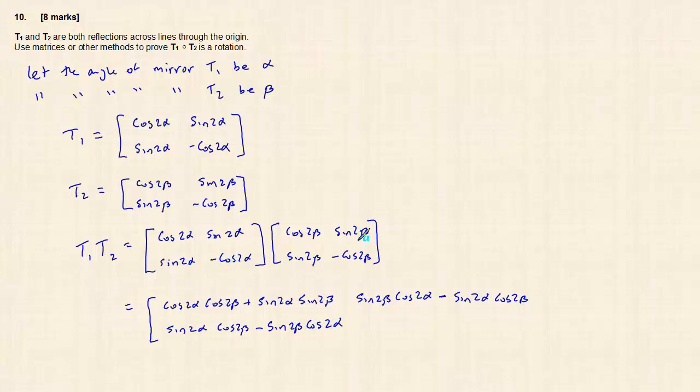And then we've got bottom times right to do. So that is sine 2 alpha sine 2 beta plus cos 2 alpha cos 2 beta.